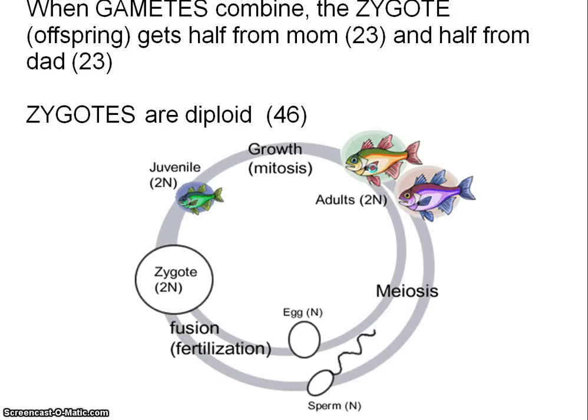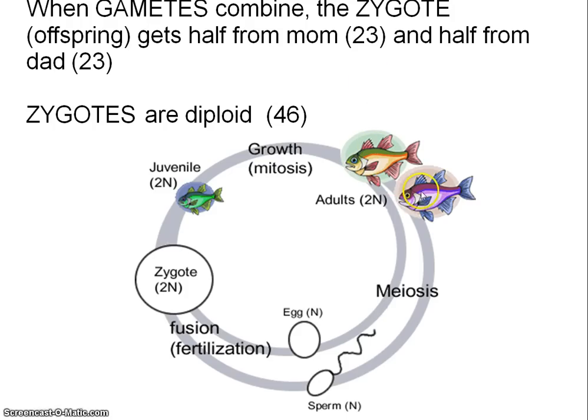Alright, so when gametes combine, the zygote gets half from mom and half from dad. Zygotes are diploid. So this is an example of kind of a life cycle. You start off with your parents. In this case, we're looking at fish. Different organisms have different life cycles, but fish are pretty similar to us in this aspect.